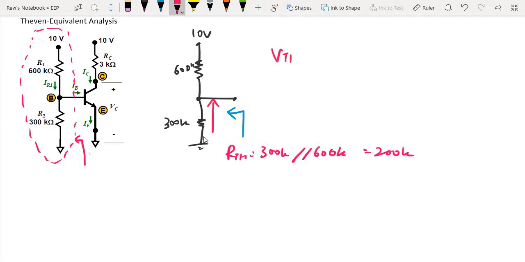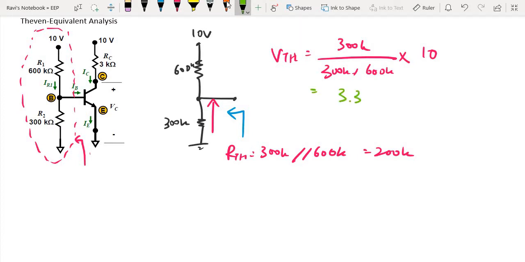The VTH is given as 300k over 300k plus 600k, multiplied by the supply voltage of 10, and that will give me 3.33 volts. All right, so basically now you have converted the input of the circuit, which is connected to the base.